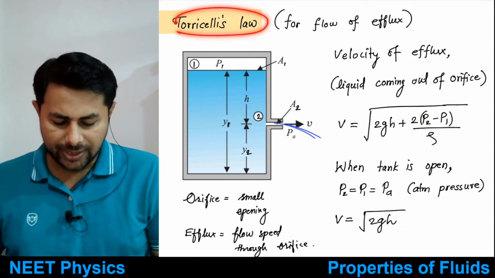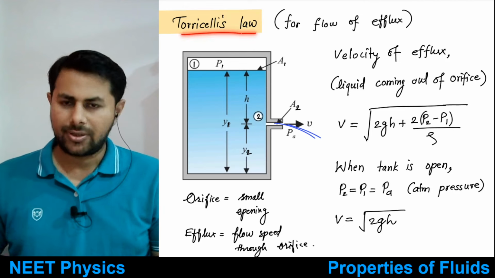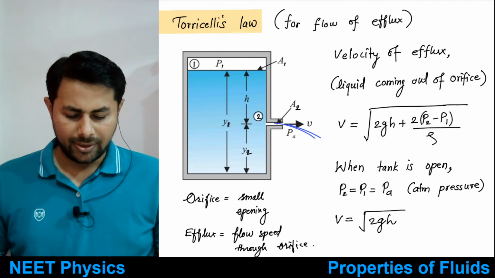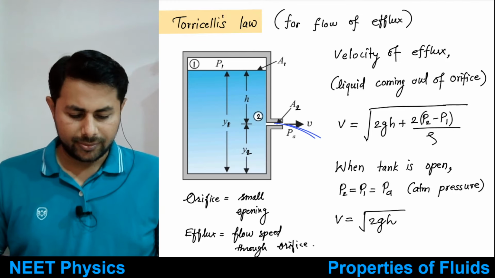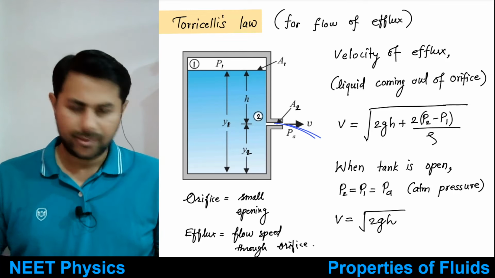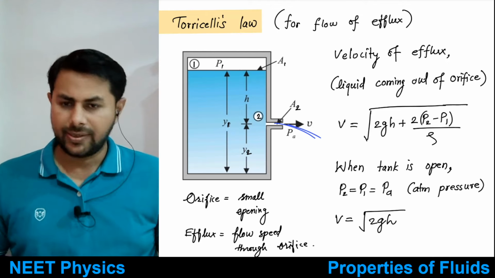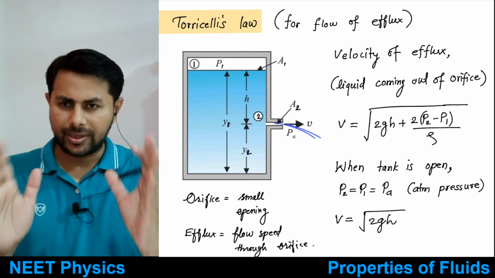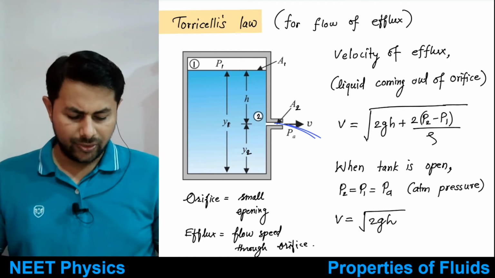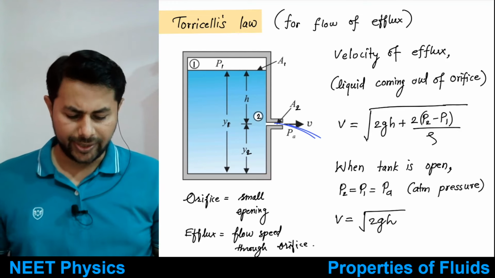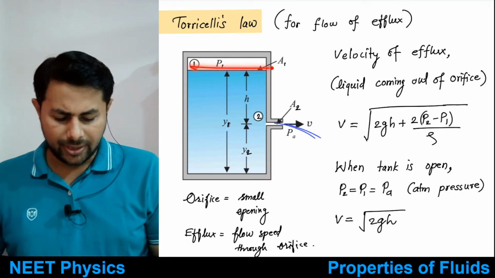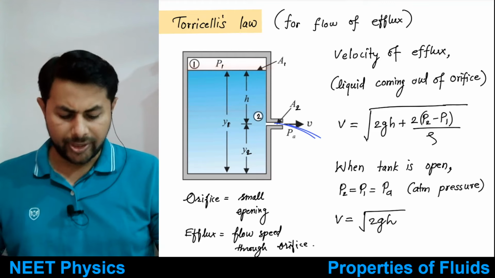So what is Torricelli's law? Torricelli's law says that suppose you have some open tank and you have some orifice, that means you have some tap at the bottom of that tank somewhere. Okay, and the height of the liquid column is suppose h.